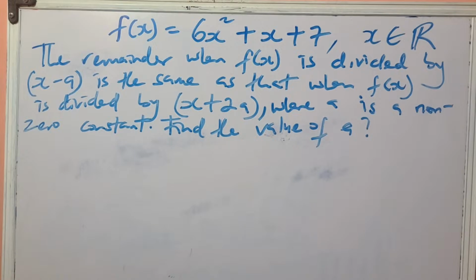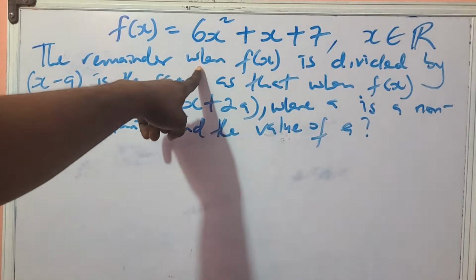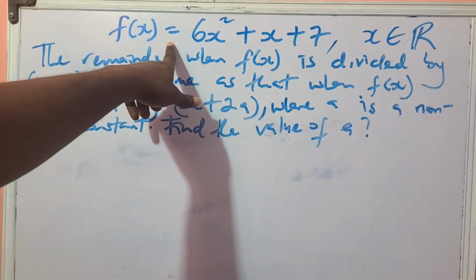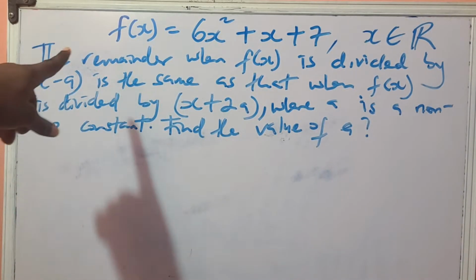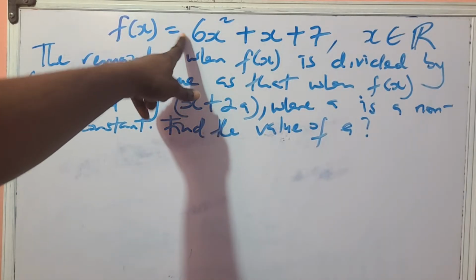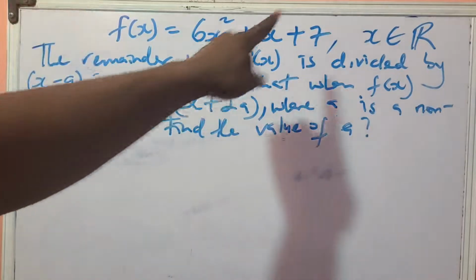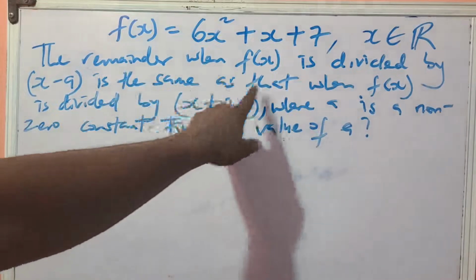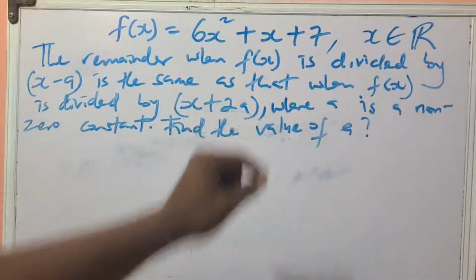And this was the write-up as regards the polynomial. We're told that the remainder when f of x, that's this polynomial, is divided by x minus a. So you divided this polynomial f of x by x minus a. Now, they said the answer you got when you did that is the same as that when f of x is divided by x plus 2a.